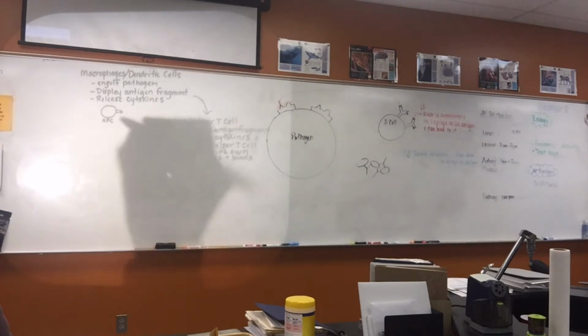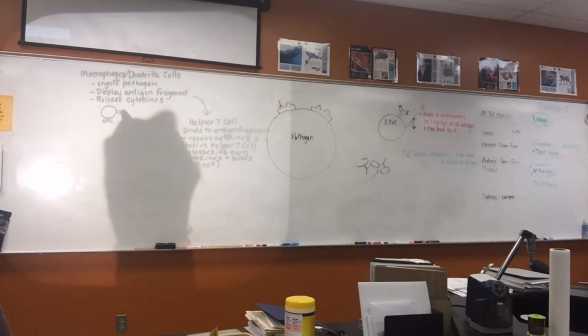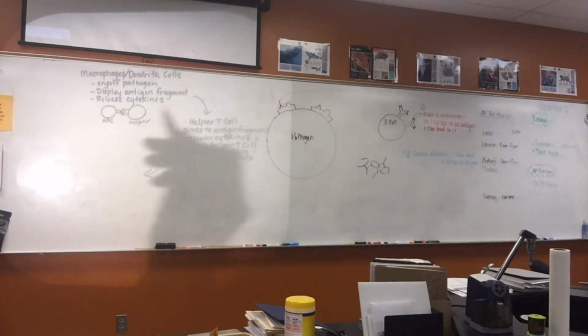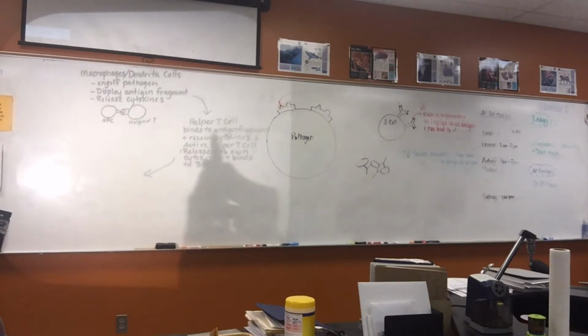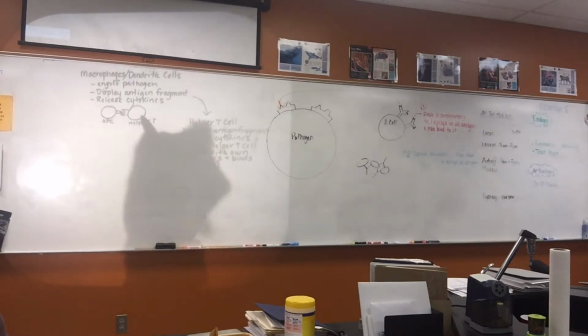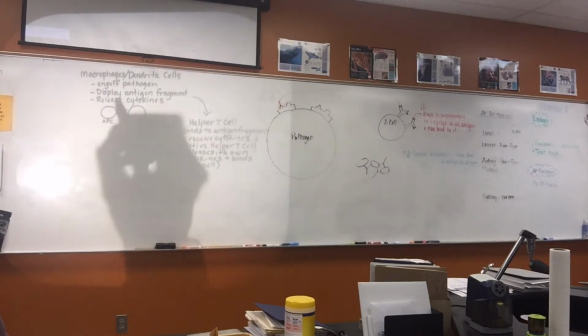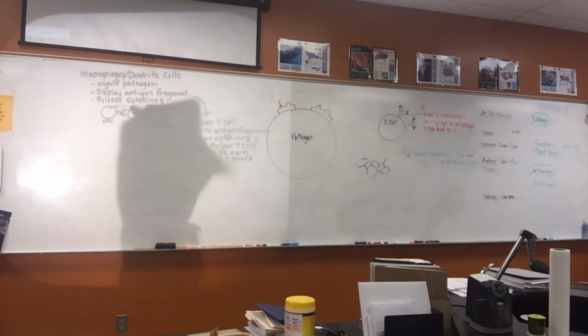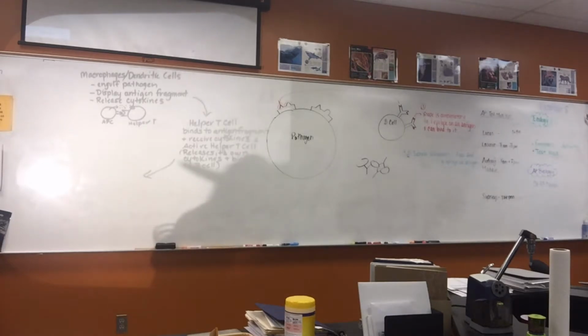So here's your helper T cell, comes in here and has a receptor on it that's complementary to the antigen fragment. So this helper T cell becomes active by this binding and also the release of the cytokines from the APC, and remember, binds to specific receptors and activates the helper T cell.